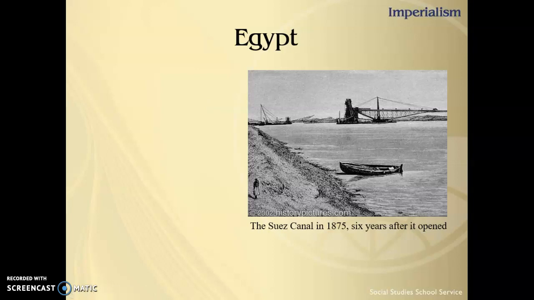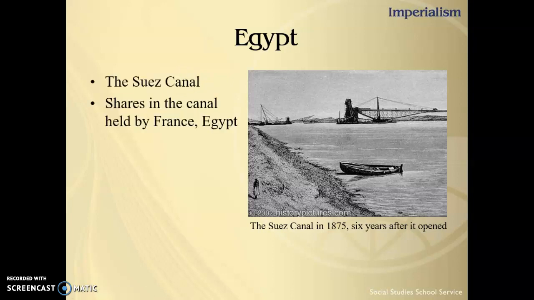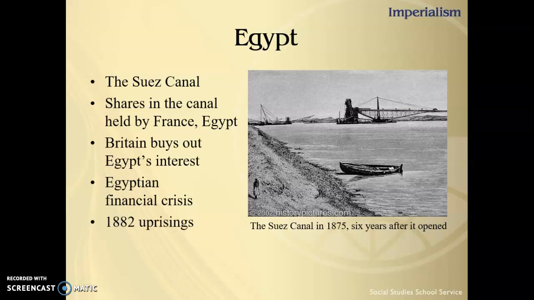Now, another topic regarding the new imperialism in Africa has to do with Egypt, in the northeastern part of Africa, in particular, the building of the Suez Canal, which was organized by a person from France, Ferdinand de Lesseps. The main construction of the Suez Canal was completed in 1867, and it became operational in 1869.